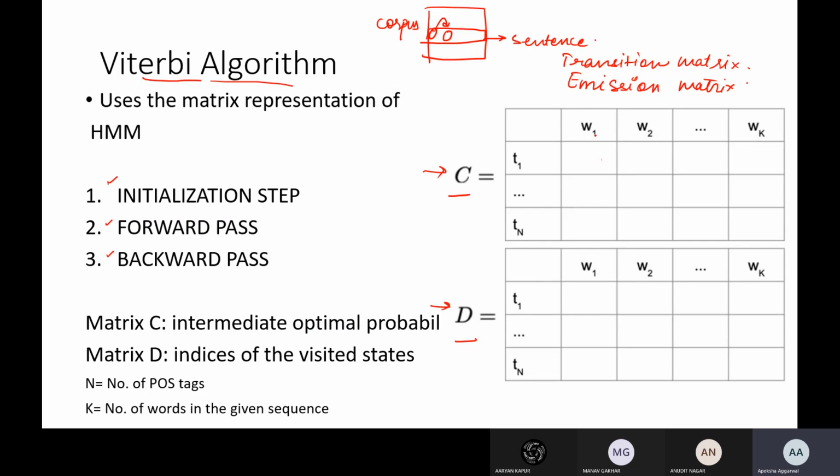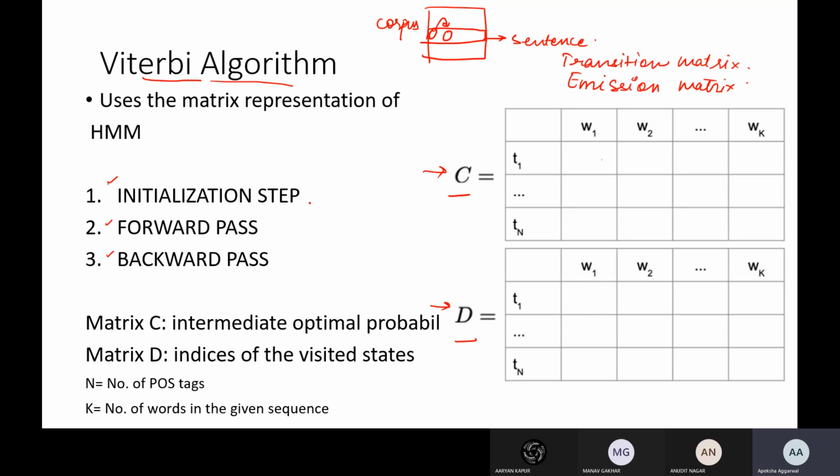If I'm at the first word, I'm moving to the second word; if I'm at the second word, I'm moving to the third word. So these two store the intermediate values of traversing from one word to another, basically traversing the whole transition graph.